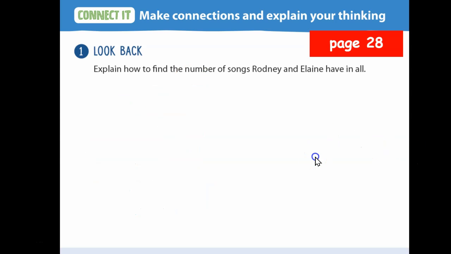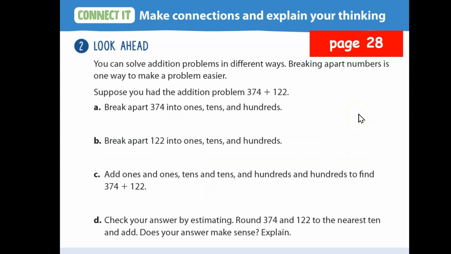Okay, perfect. So on page 28, it says you can solve addition problems in different ways. Breaking apart numbers is one way to make a problem easier. So what they did, they broke apart 374 into ones, tens, and hundreds. This is what he did.